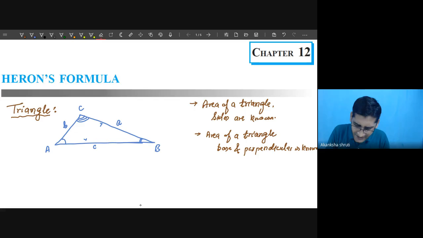So students, here a is the length of BC, b is the length of AC, and c is the length of AB. Sorry students, b is our AC, not AB.